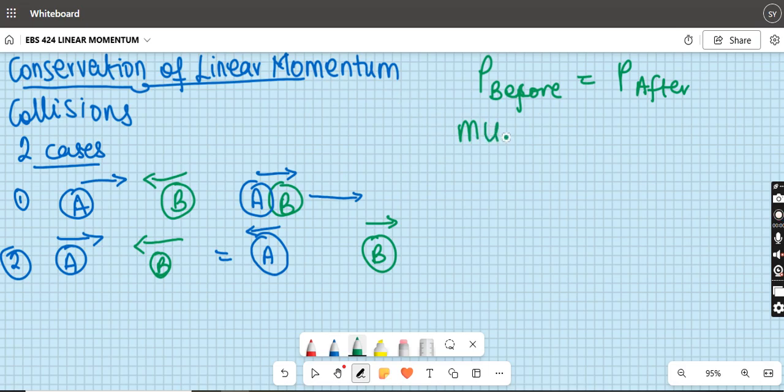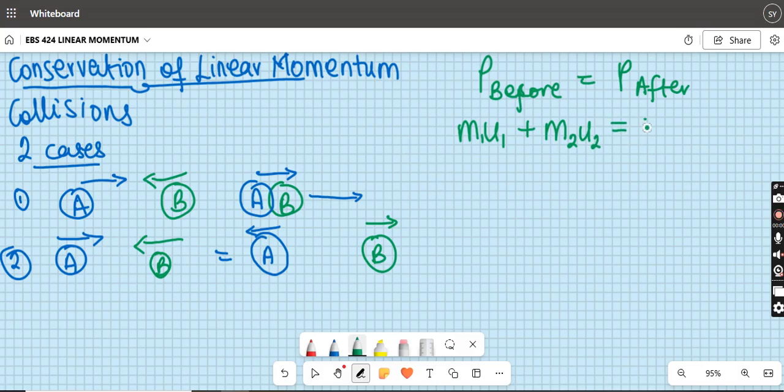Plus object B moving with its own, m2u2.